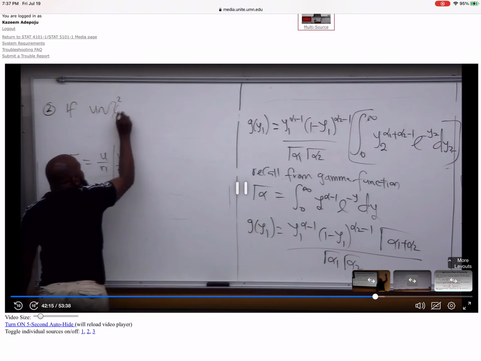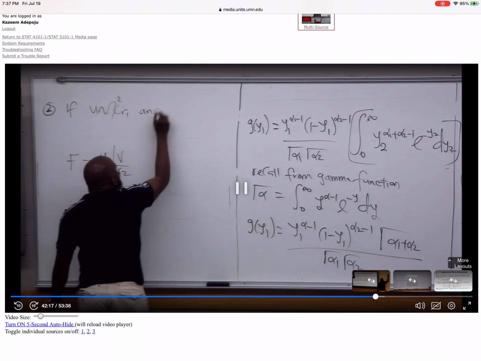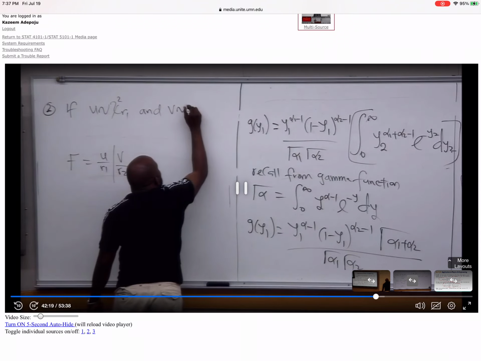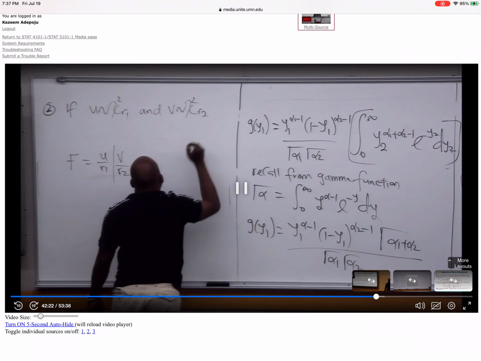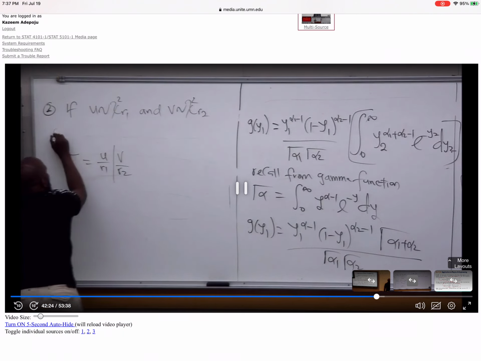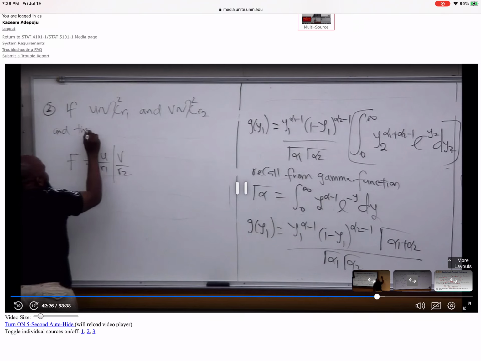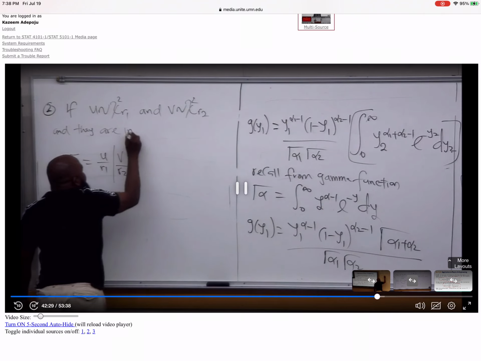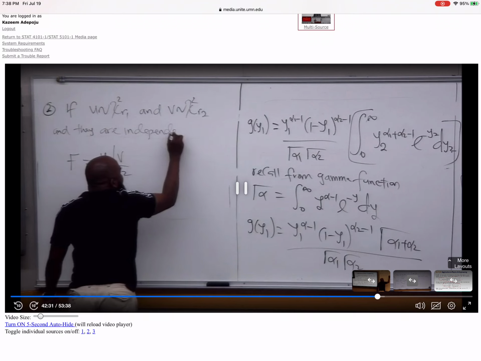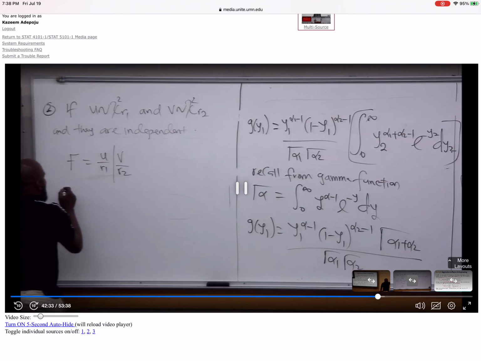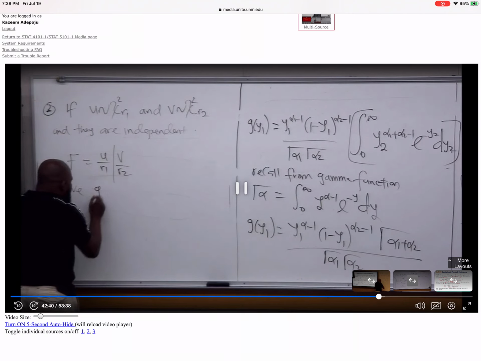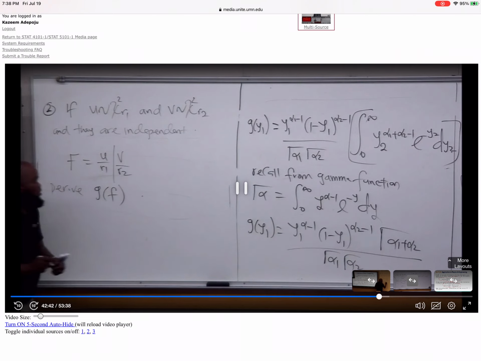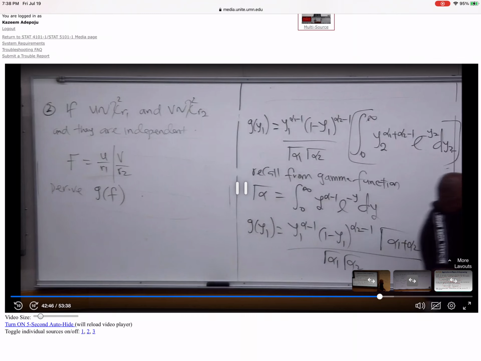If U follows a chi-square with r1 degrees of freedom and V follows a chi-square with r2 degrees of freedom, and they are independent, derive g of F.